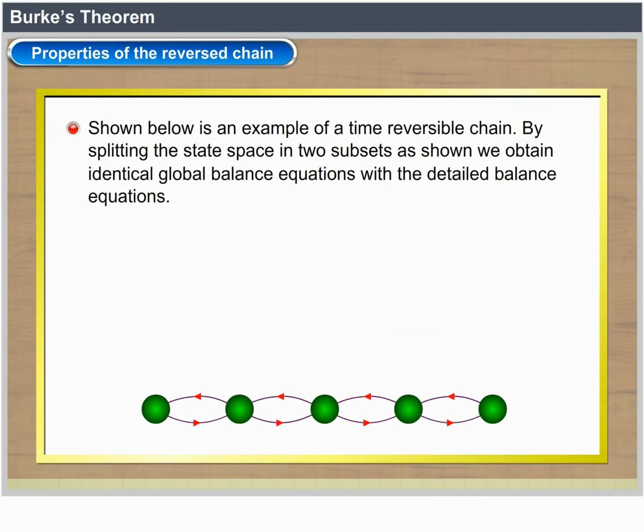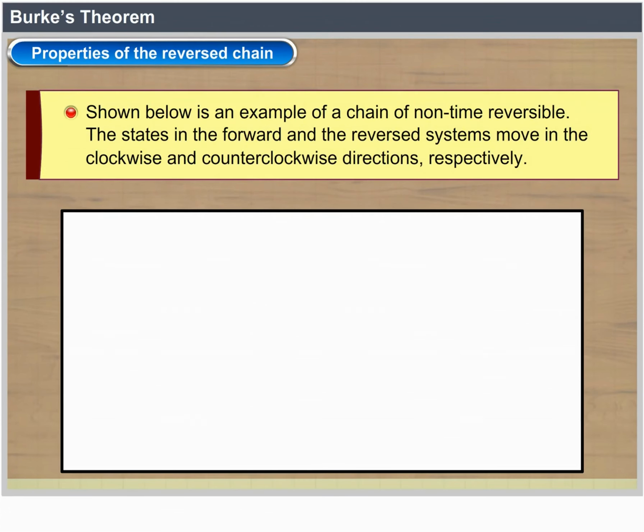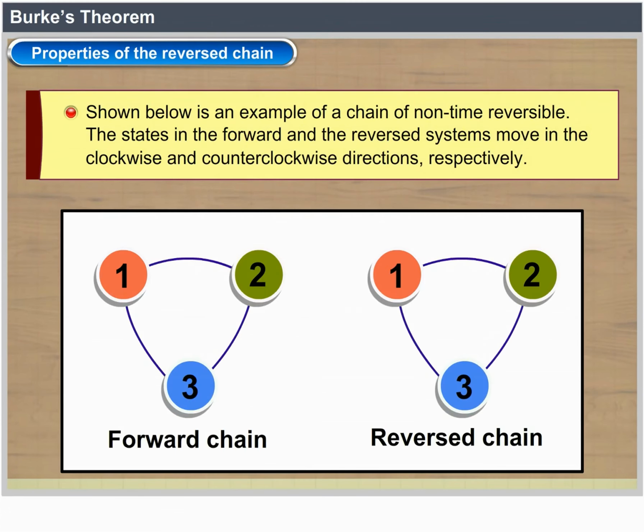Shown below is an example of a time reversible chain. By splitting the state space in two subsets as shown, we obtain global balance equations which are identical with the detailed balance equations. Shown below is an example of a chain which is not time reversible. The states in the forward and the reverse systems move in the clockwise and counterclockwise directions respectively.